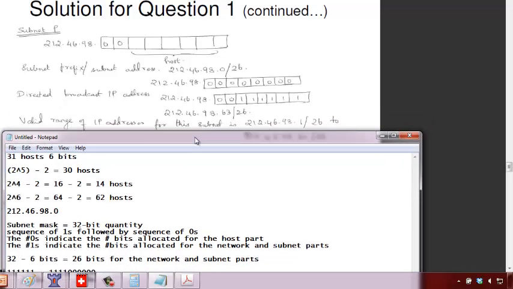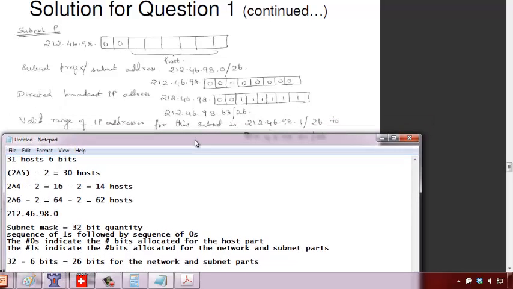Now the valid range of IP addresses for the subnet. The subnet address, which is like a network address, is this, and this is the broadcast address. So everything in between will be a valid unicast IP address. This is starting from 0 to 63, isn't it? That's the subnet address, and this is the broadcast address.